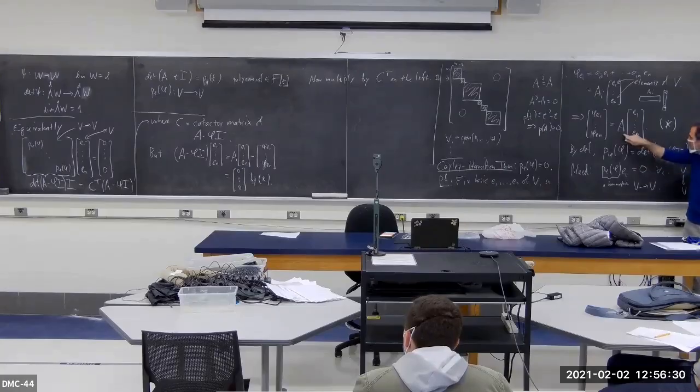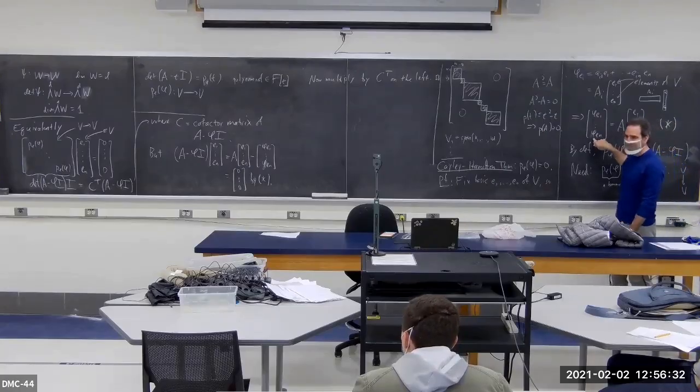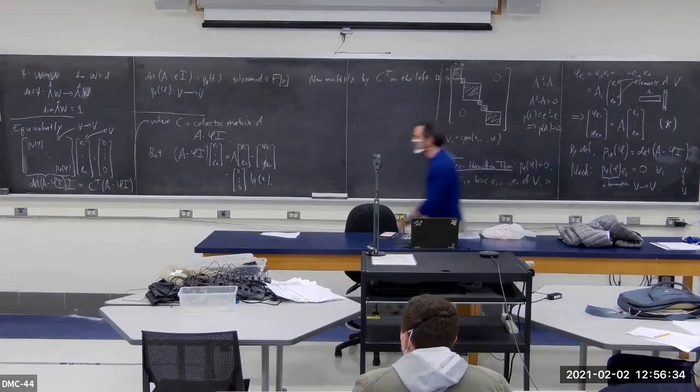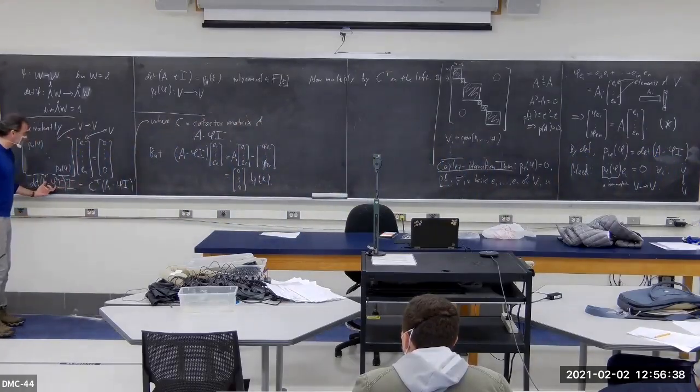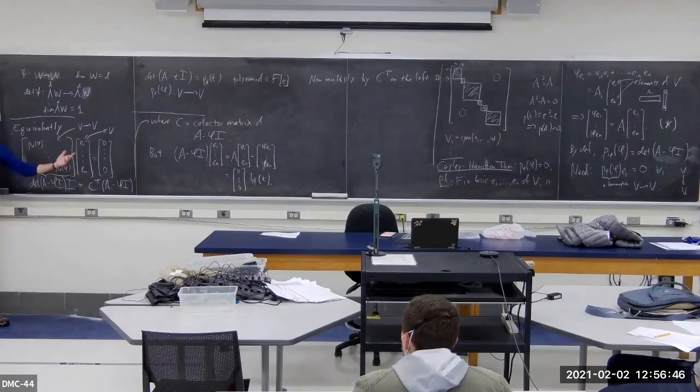The point is that if you view this as A minus phi applied to E1 through En, and you multiply that on the left by the transpose of the cofactor matrix, it's still 0. So not much is going on. It's just understanding what all the notation means in the proof.